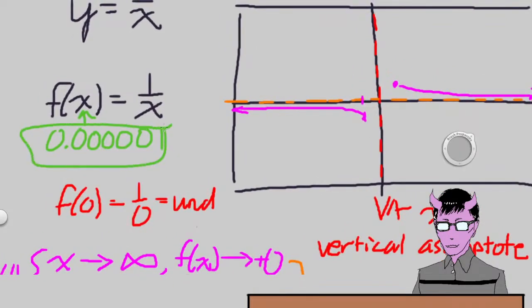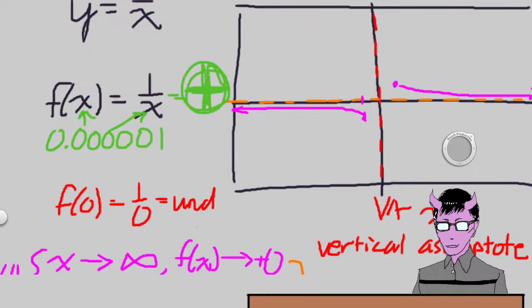So what happens when we plug in 0.0000001? Well, this whole thing here becomes 0.00001, which means if we divide 1 by this very small number, you get a very large number that's still positive. So very large positive value. You can imagine what keeps happening if you plug in an even smaller positive value, right?